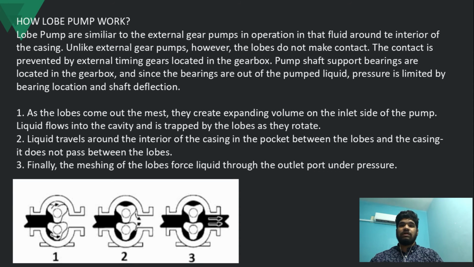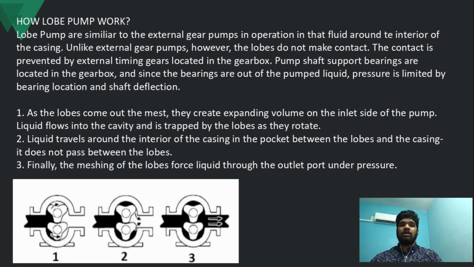The contact is prevented by external timing gears located in the gearbox. Pump shaft support bearings are located in the gearbox, and since the bearings are out of the pump liquid, pressure is limited by bearing location and shaft deflection.